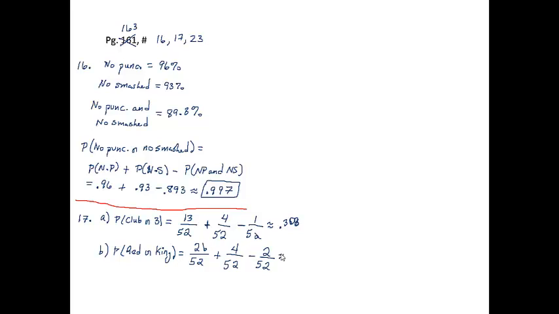We get 0.538. And part C says randomly selecting a 9 or a face card. So the probability of selecting a 9 or a face card.